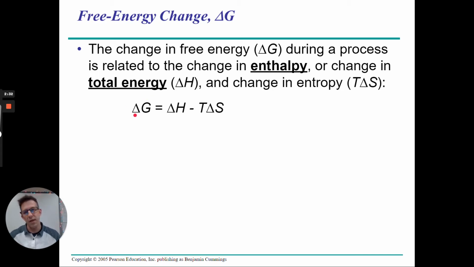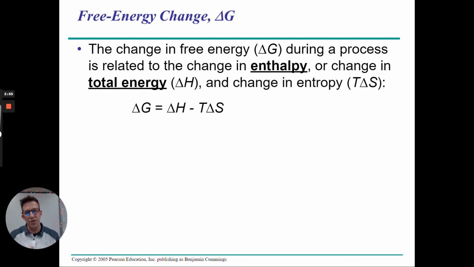What you really have to understand is that the change in free energy, or the energy that the living cell could use to do work, is a function of the change in the enthalpy and the change in the entropy. The change in the enthalpy is basically the total energy of the system.